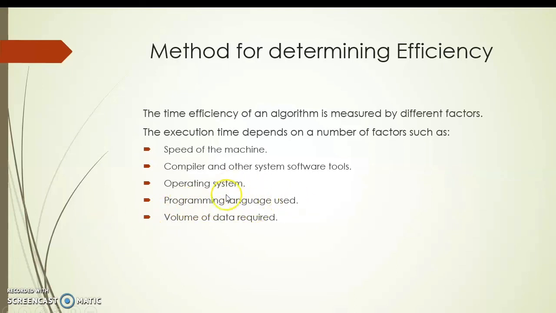Depending on the programming language also, we can specify the efficiency of the algorithm. And then the volume of data required. How much data is required, minimum or maximum? Based on that data requirement also, we can specify the space complexity of an algorithm.